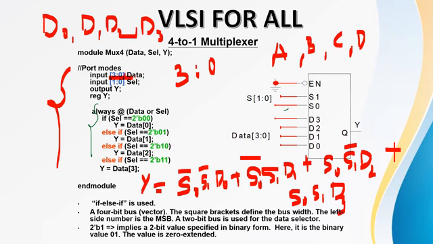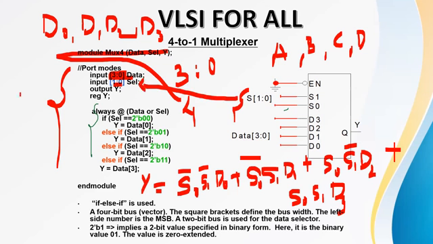This data is of 4 bits. And the input is the select line, which is 2 bits. We are not taking it as S0 and S1, we are just taking it as select. Output is Y.